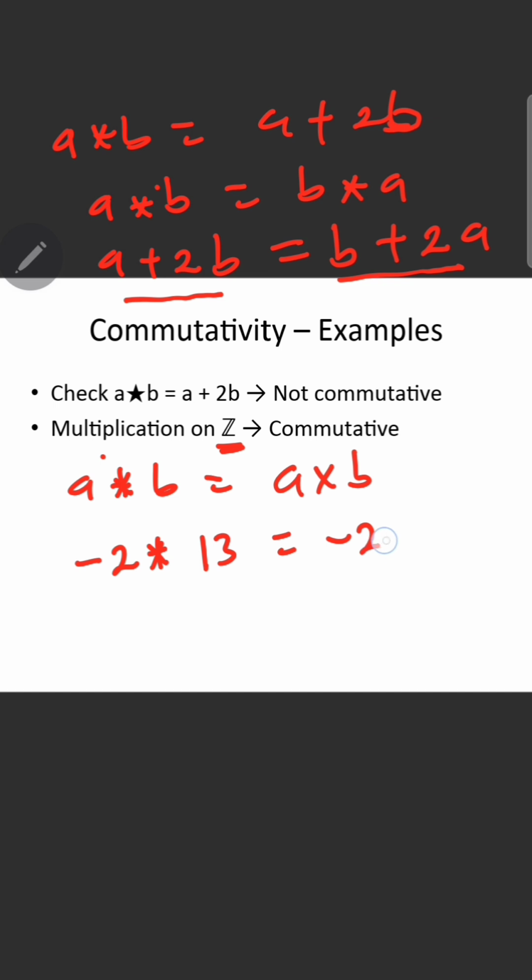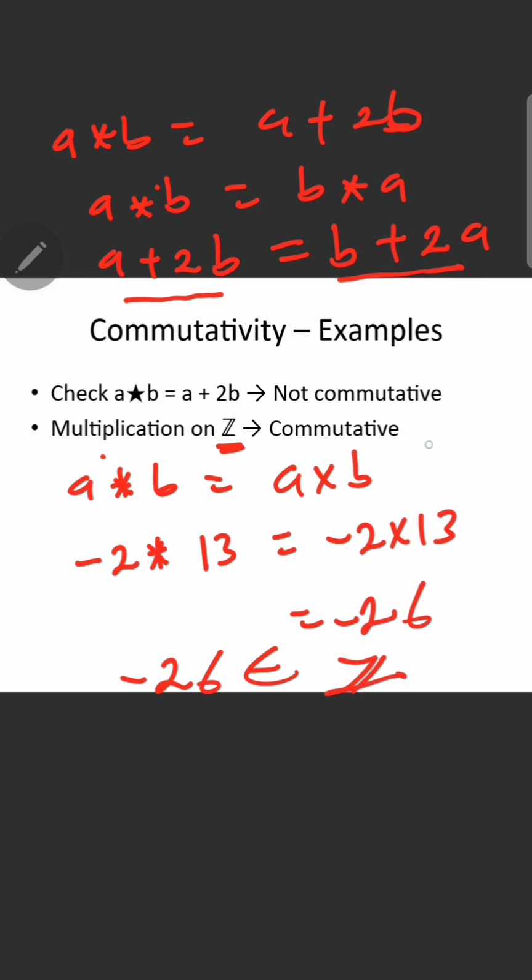That is minus 2 times 13. What is minus 2 times 13? That's minus 26. So minus 26 is still an element of integers. Don't forget the definition of integers: integers are positive or negative whole numbers. So here is a negative whole number, and it is still an element of integers.